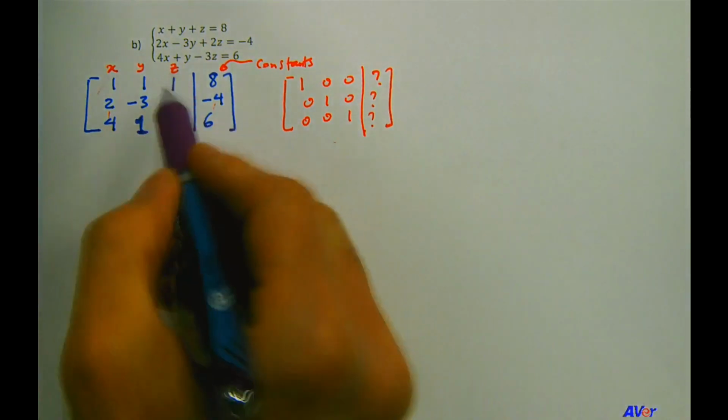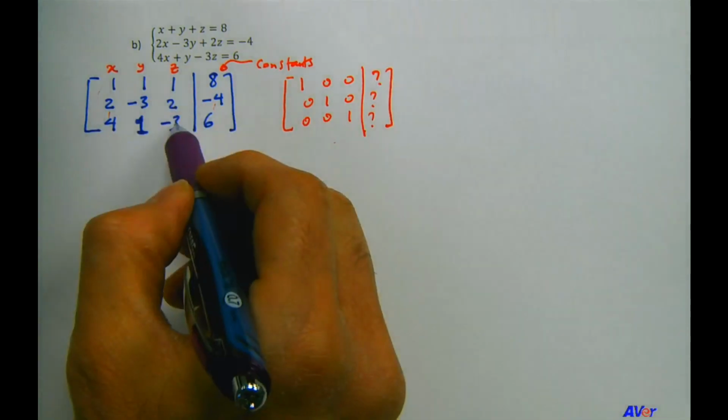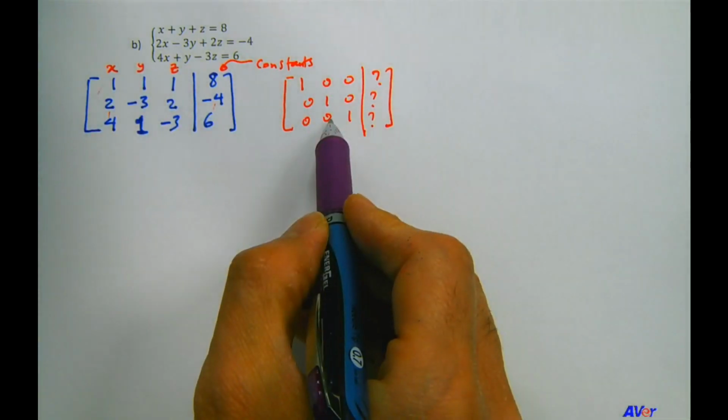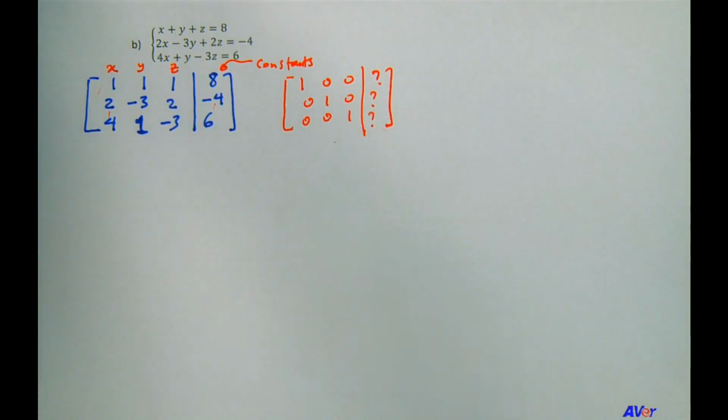So when we have finished converting the left side, column by column, to this form, then we care about what numbers are on the right-hand side, but not in the middle. In the middle, they can be anything. We ignore them. Okay? All right.